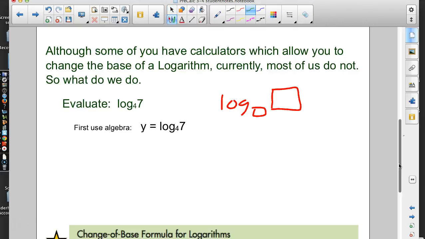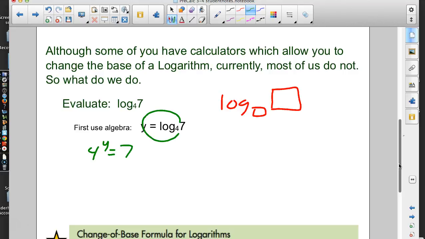But we want to evaluate the logarithm base 4 of 7. So the first thing we could do is use algebra and say, 4 to the y equals 7. Well, 4 to the first is 4, and 4 squared is 16. And it's somewhere between those two.